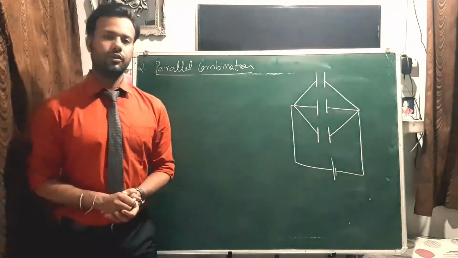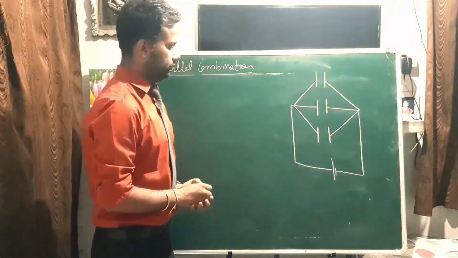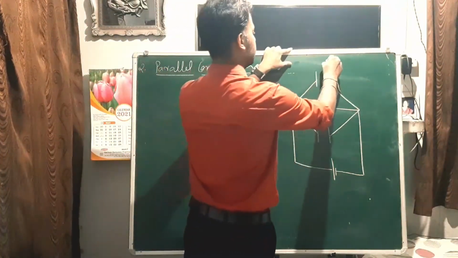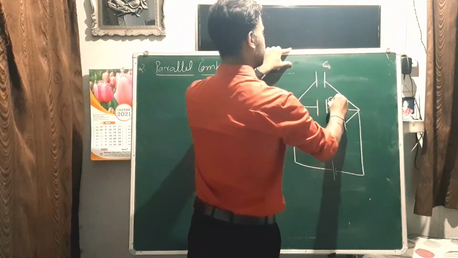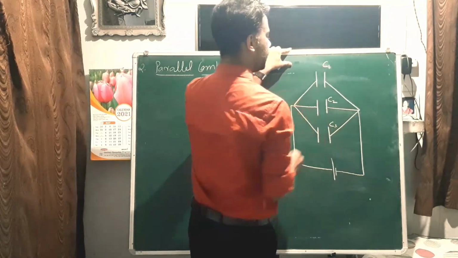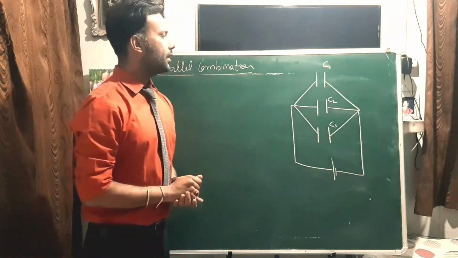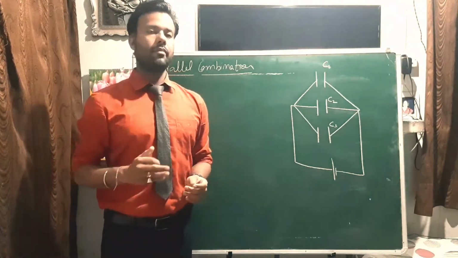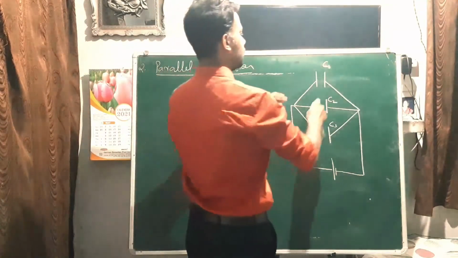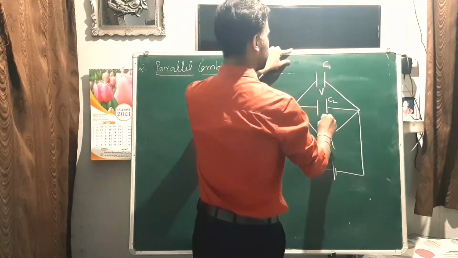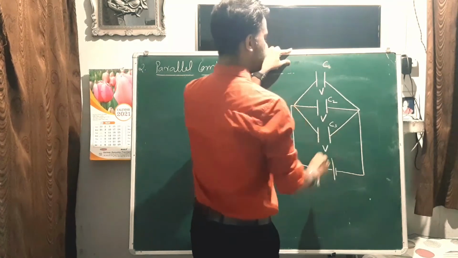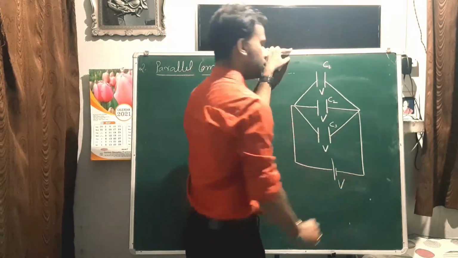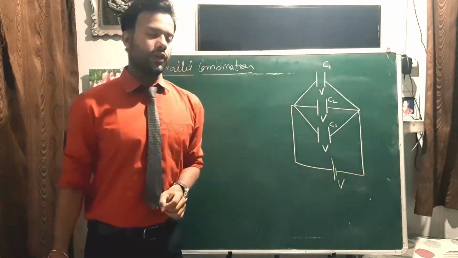Here is the arrangement of parallel combination. Let's see, this is C1, C2 and C3. Now as I said, they are connected in parallel, so voltage across each capacitor will be the same. So across this capacitor is V, again this is V and this is V, which is equal to the total source voltage.